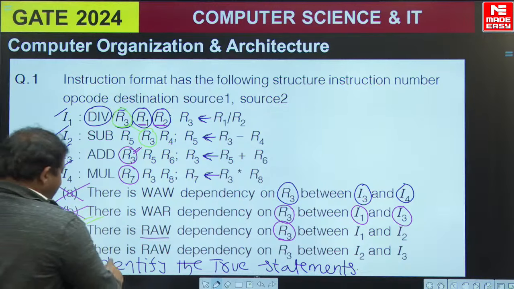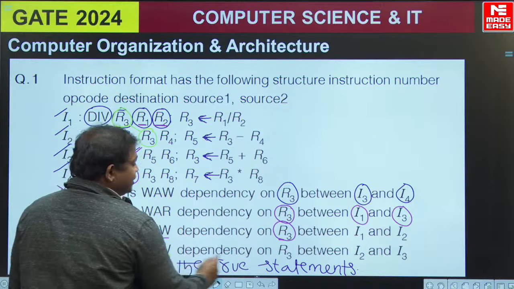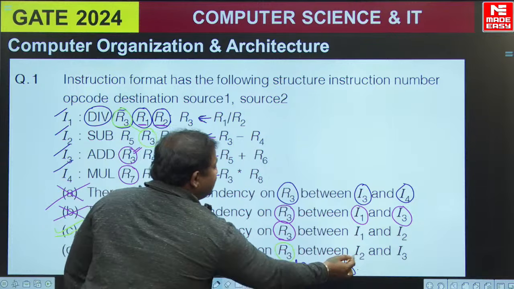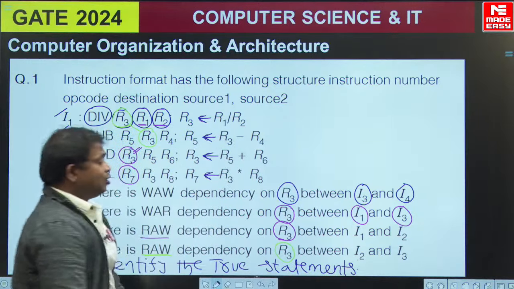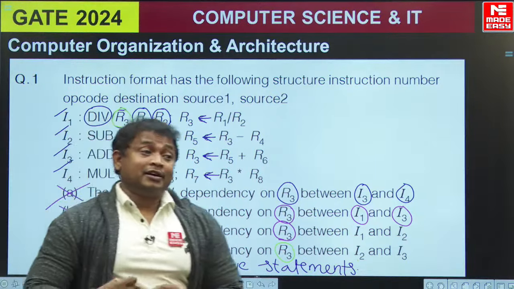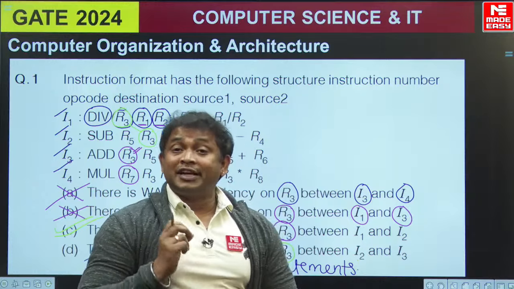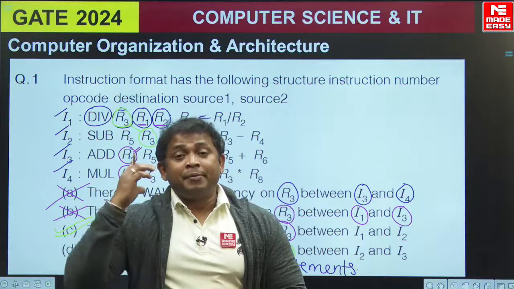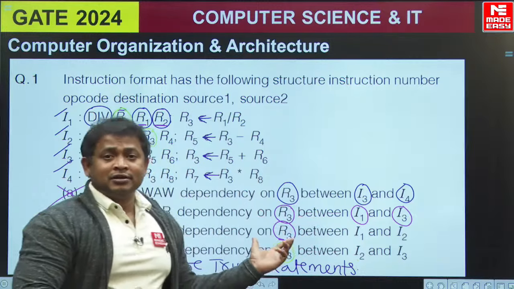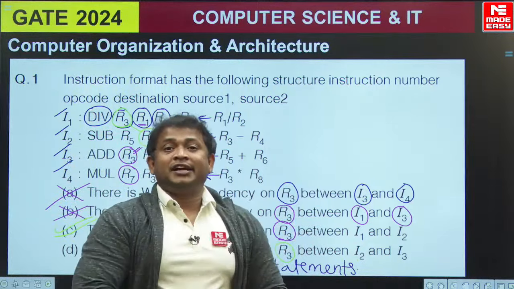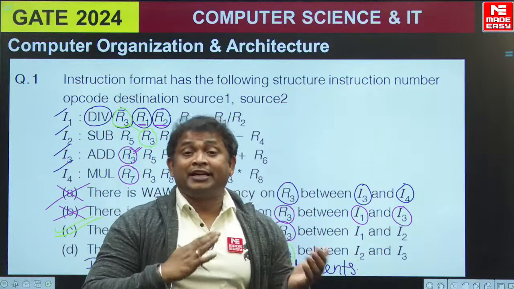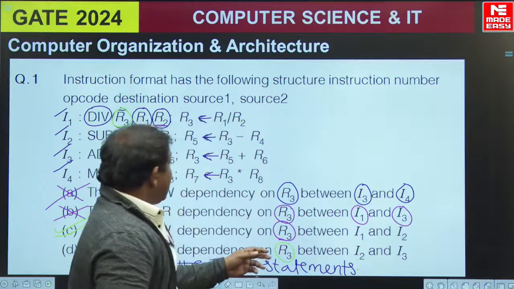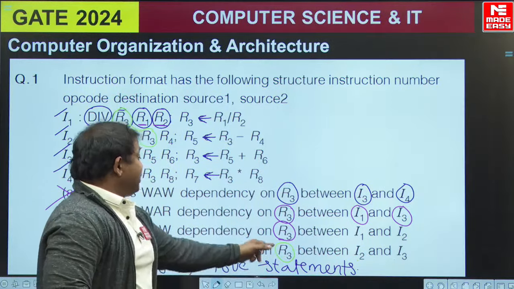And the fourth statement: there is a RAW dependency on R3 between I2 and I3. We need to identify the true data dependency with respect to R3 only. According to the student memory based question, they gave this data. So according to this data, we need to identify the true data dependency between I3 and I2 with respect to R3.